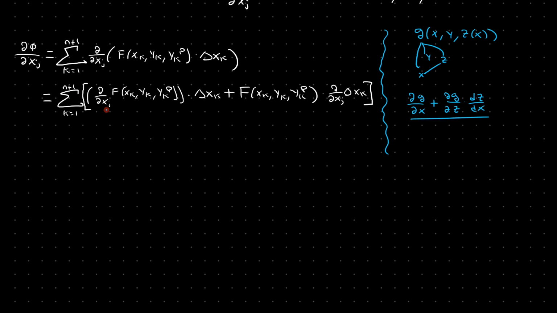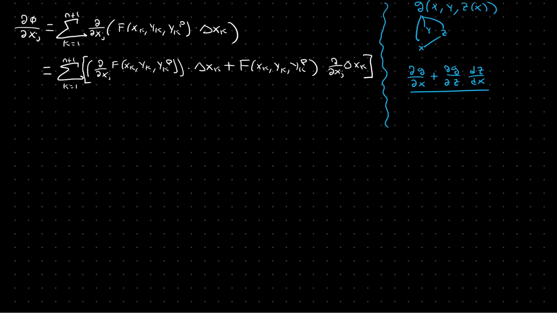Now, in this situation we have something a little bit more complicated, but it's still the same exact idea. So using this, taking the derivative, this is going to be the sum from k equals 1 to n plus 1 of the partial derivative of f with respect to xj. And this derivative is going to be Fx, where the subscript stands for the partial derivative of capital F with respect to x, at xk, yk, ykp.